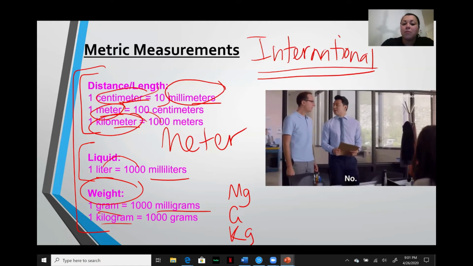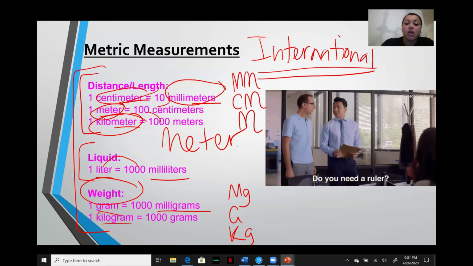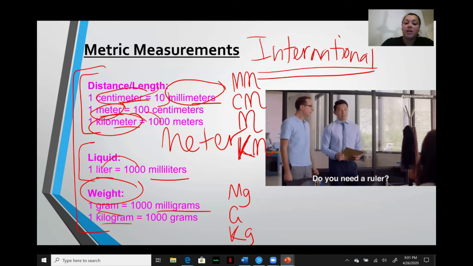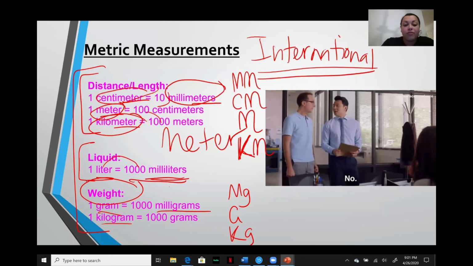Same with when we talked about meters, millimeters is smaller than centimeters, which is also smaller than meters, but kilometers is bigger. So whenever you say kilo, it indicates something bigger than the base. And then for milliliters and liters, we have 1 liter is equal to 1,000 milliliters.